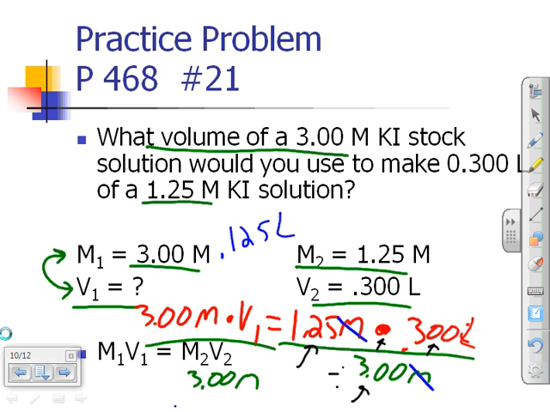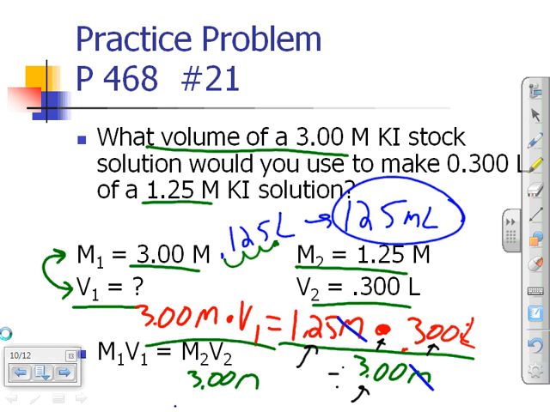A lot of times we don't use liters in the lab. We have graduated cylinders and things that measure things in milliliters. We can convert this to milliliters by just moving the decimal place over 3 places to the right, since there's 1,000 milliliters in a liter. If you move it to the right 3 places, we get the right number, 125 milliliters for our final answer.